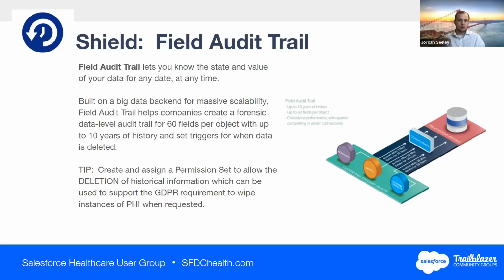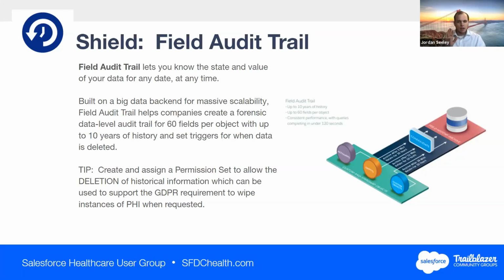It basically moves it to a more performant storage, captured in big objects on the back end of the Salesforce platform. But it retains that information for up to 10 years, which with normal field history tracking, you won't get that level of detail. So that is one of the big benefits of Field Audit Trail from a feature standpoint.